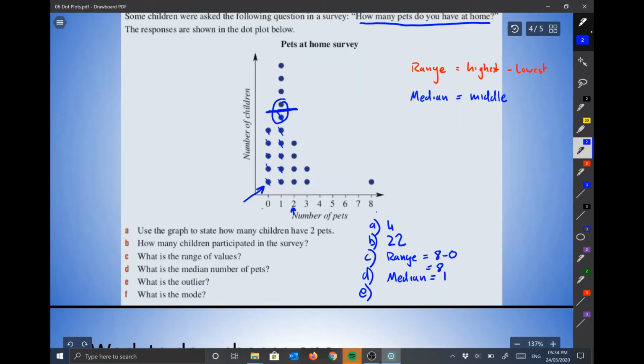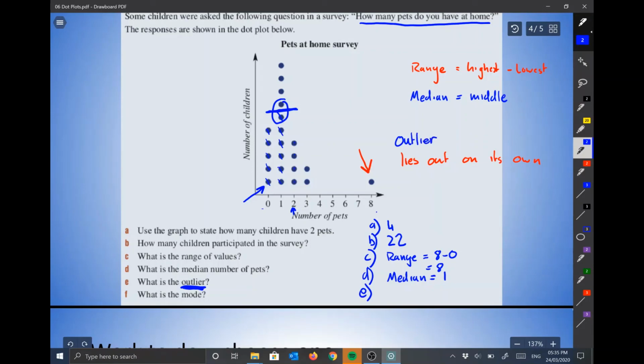E. What is the outlier? Now this is a new word for us. The outlier is this one score that lies out on its own. That is the outlier.